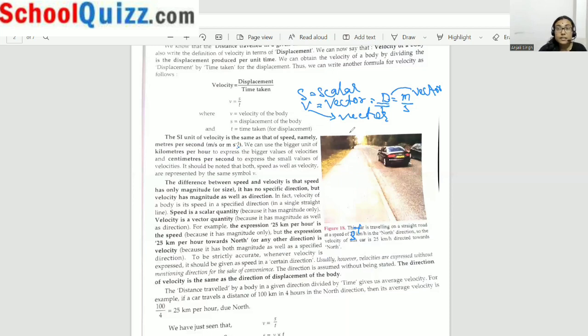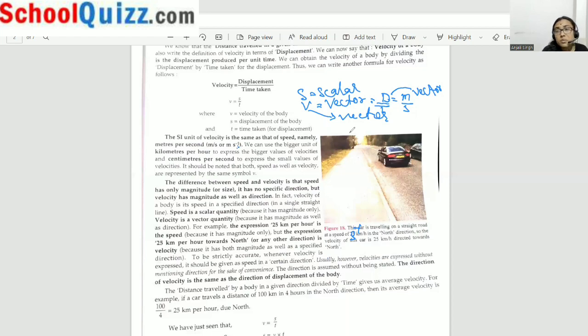If I give you a common example: you went to your house and the house is in the north direction. So you went to your house, that is the distance. You went to your house that is in the north direction, that will be the displacement. So the north direction is also about the velocity.